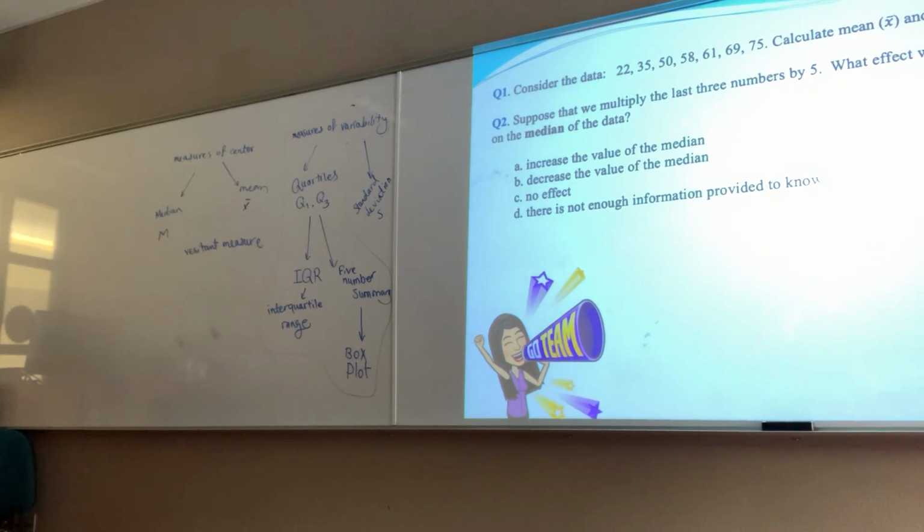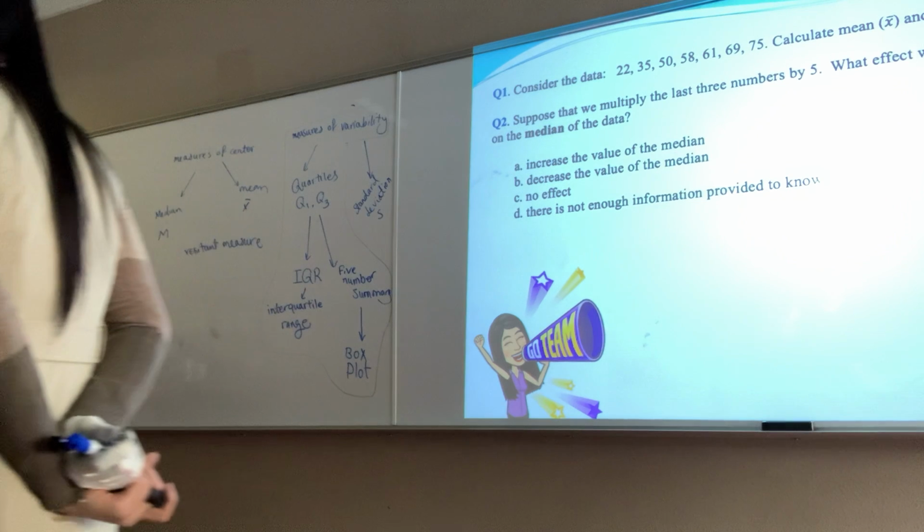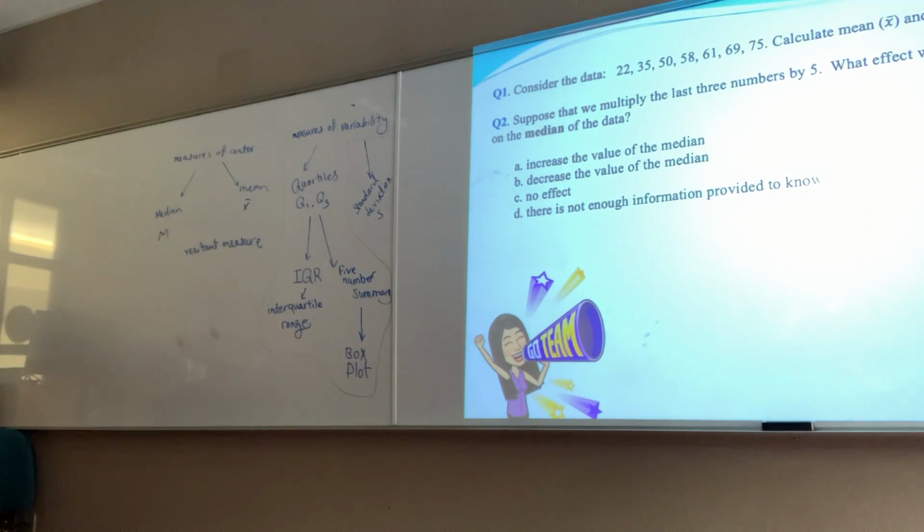What about the median? Did you come to it? So then explain for question 2, why did you choose that? No, talk to your team member to see what's their opinion, find the best answer and find the best explanation. Everything fine?